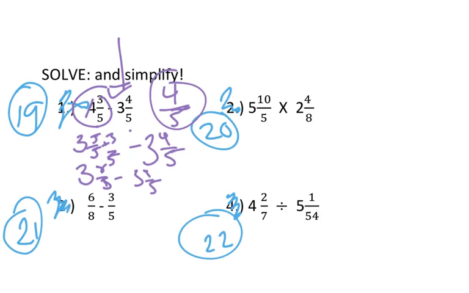Your other option is to do the Texas method on both of them, making this 23/5 minus 19/5. That also gives you 4/5, so no matter how you chose to do that, you should be good.